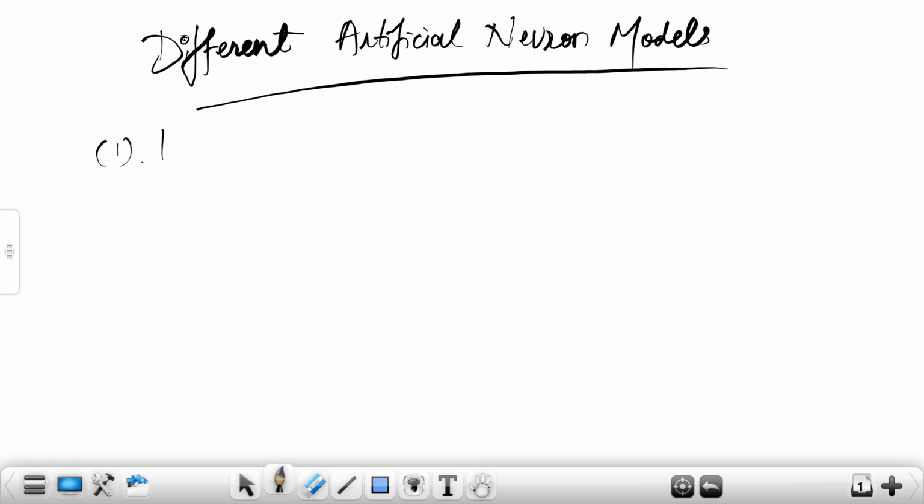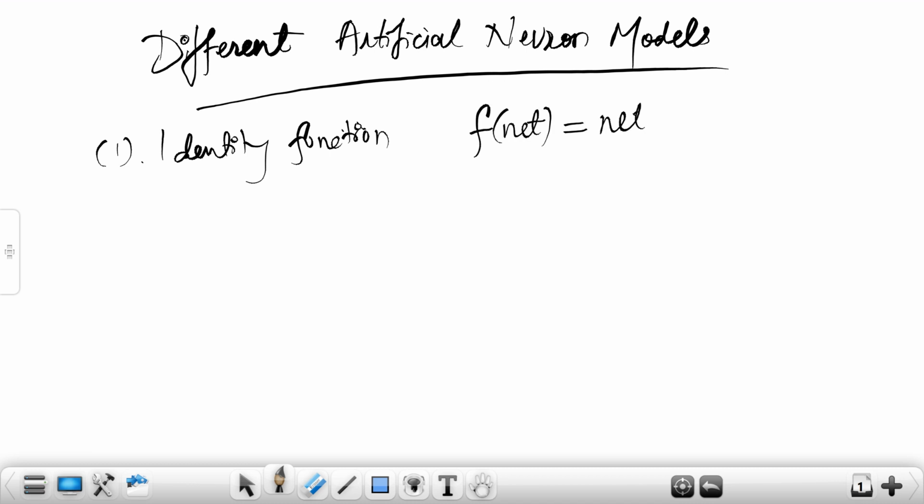First is the identity function. What does the name suggest? What does the name tell you? It is nothing but f of net equals net. When f of net equals the net value, that is called the identity function.